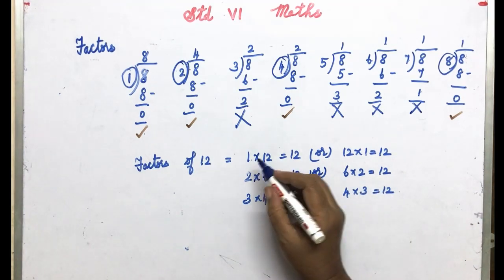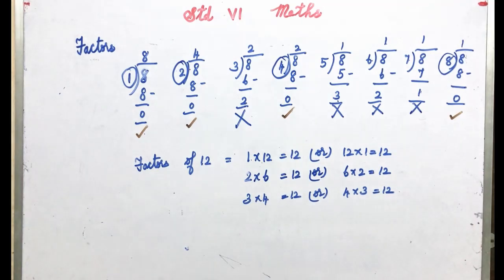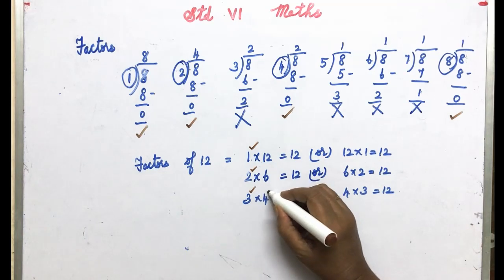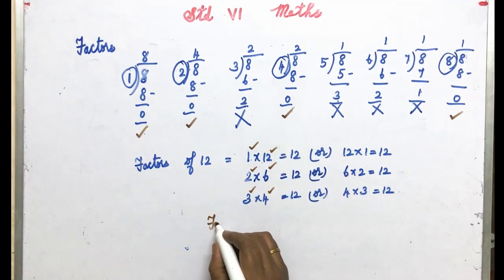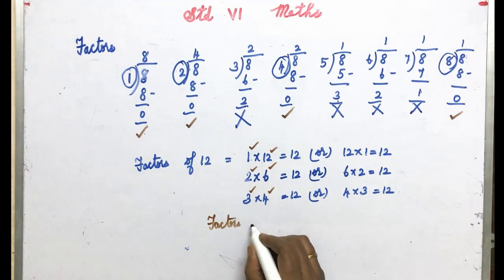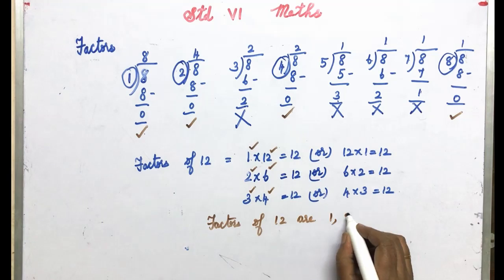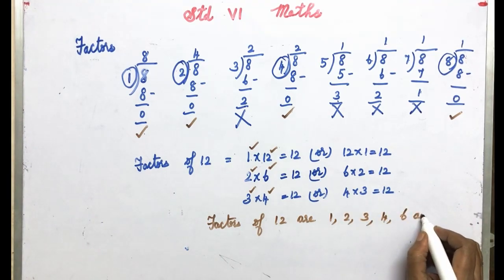So now which are the factors? Either this you have to write or this we have to write. The factors are 1, 2, 3, 4, 6, 12. So factors of 12 are 1, 2, 3, 4, 6 and 12.